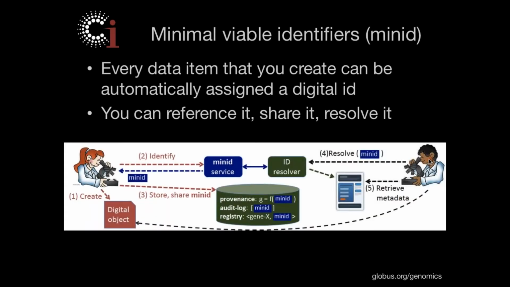And in addition to creating tools to package data in a portable format, we also worked on creating unique identifiers to identify data objects, and this work is called the minimal identifiers. Every data item that we create in Globus Genomics automatically gets assigned a minimal identifier, so that you can reference it, you can share it, and you can easily resolve it.